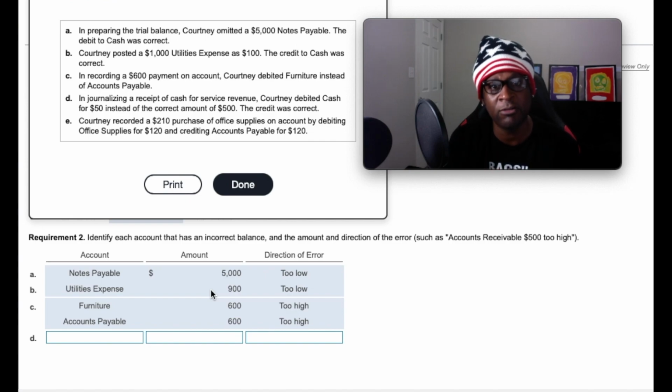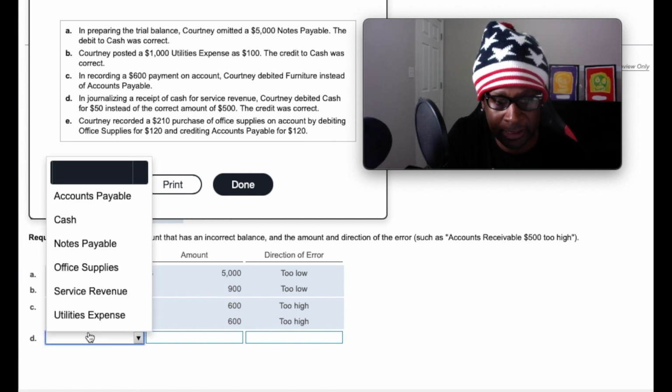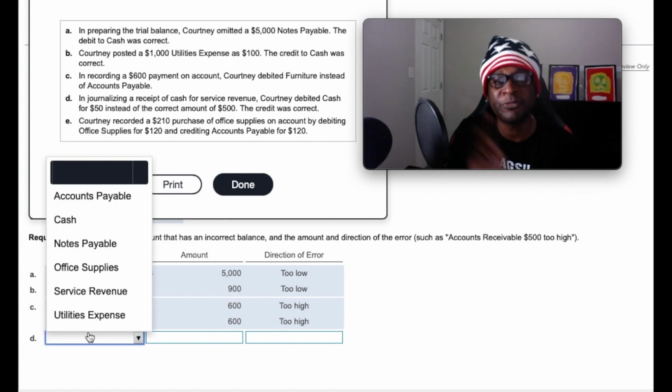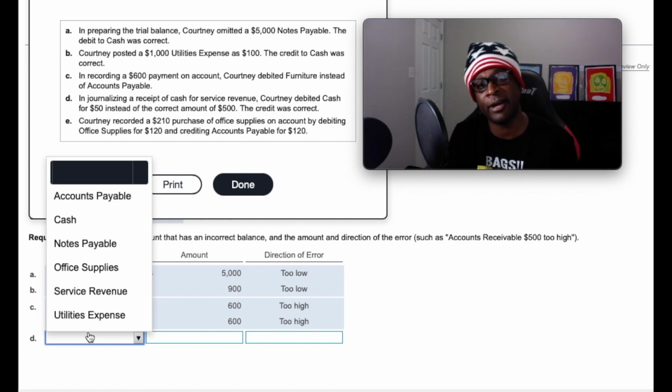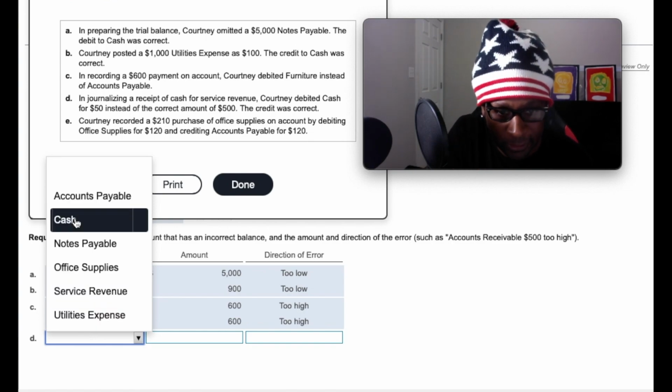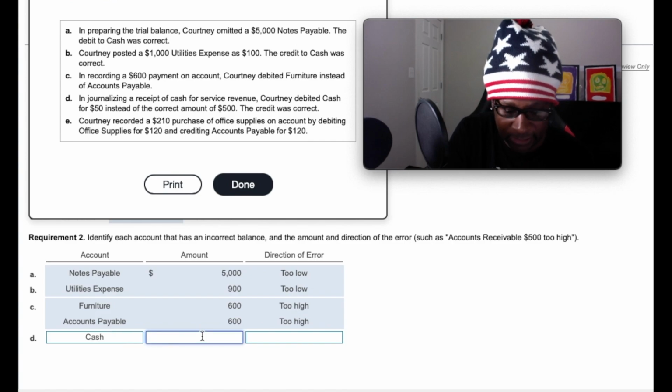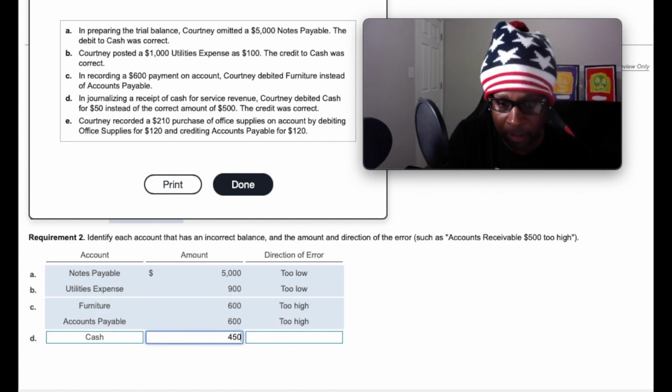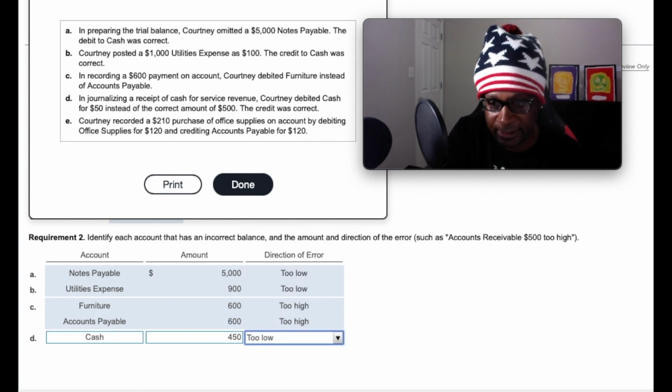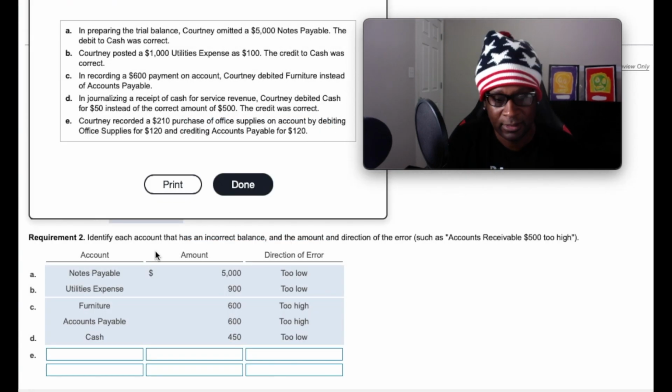Our cash account is understated, lower than what it should be. And by how much? The difference. If we subtract 50 from 500, that will give us 450. So our cash is understated, or too low, by 450. Check the answer. Great job, gang. My spider sense is tingling. You guys are learning. Yes, definitely.